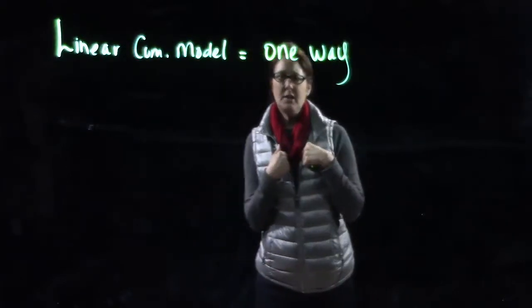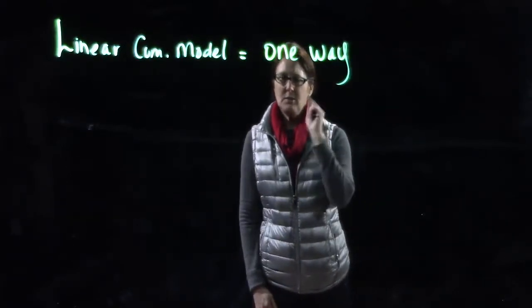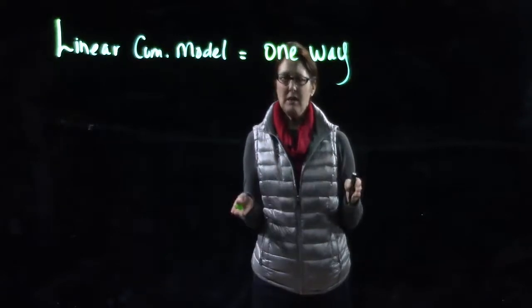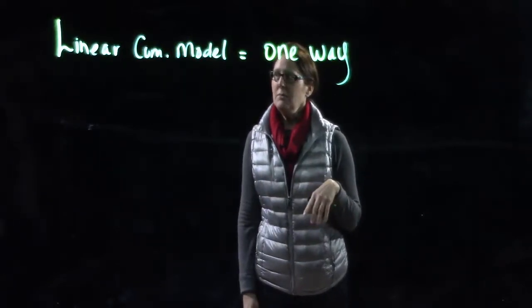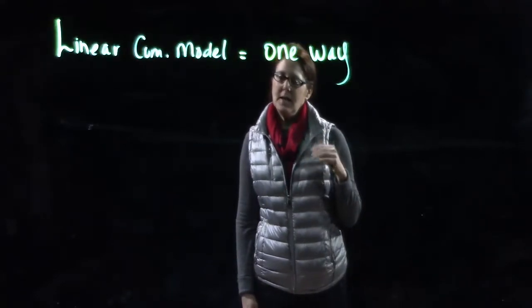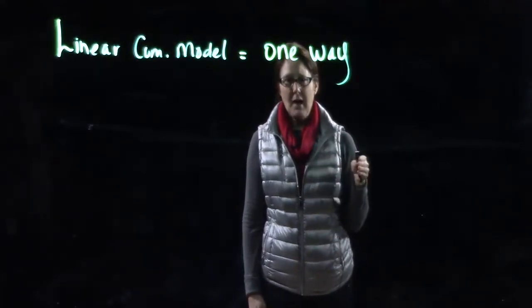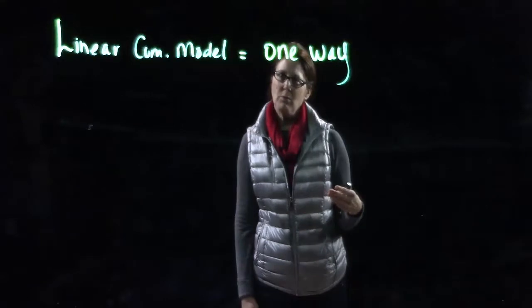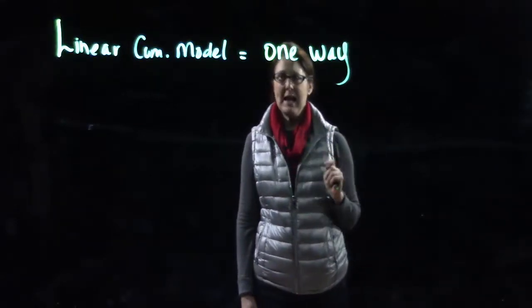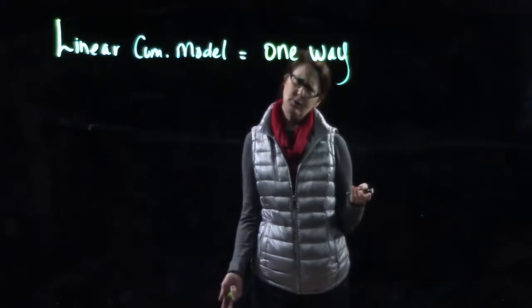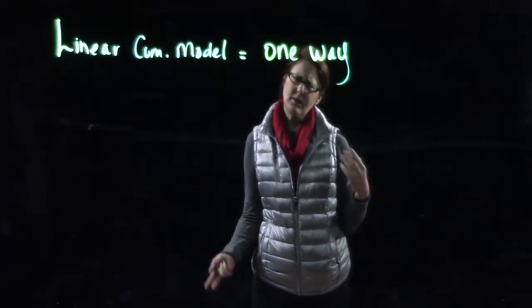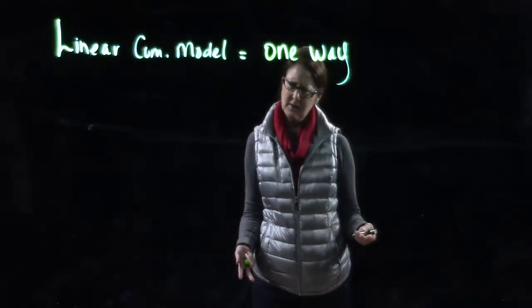Meaning the communication starts here with me and it ends with you, and it doesn't go any further than that. What this means is that the linear communication model doesn't include feedback. Examples of feedback would be a question if you raise your hand, or a confused look on your face when you are thinking, well, I don't understand.